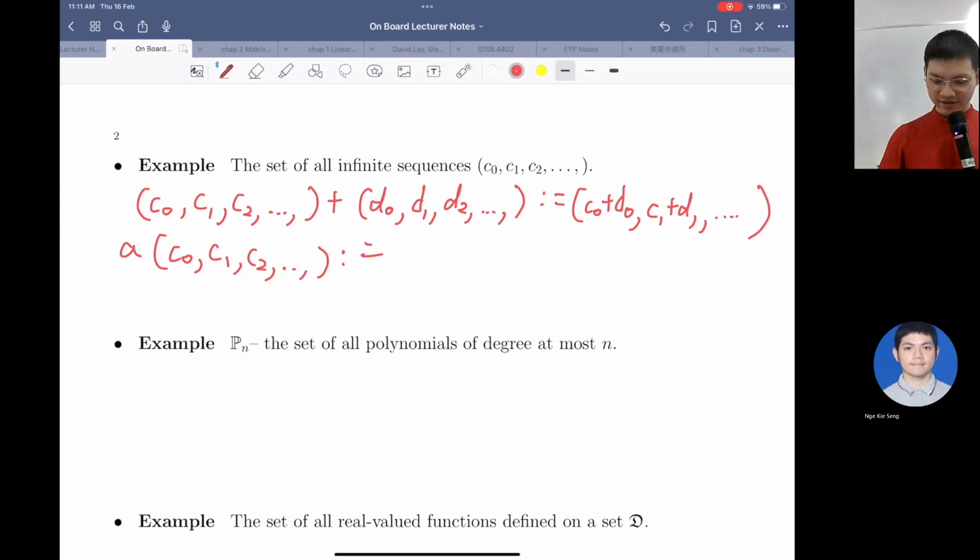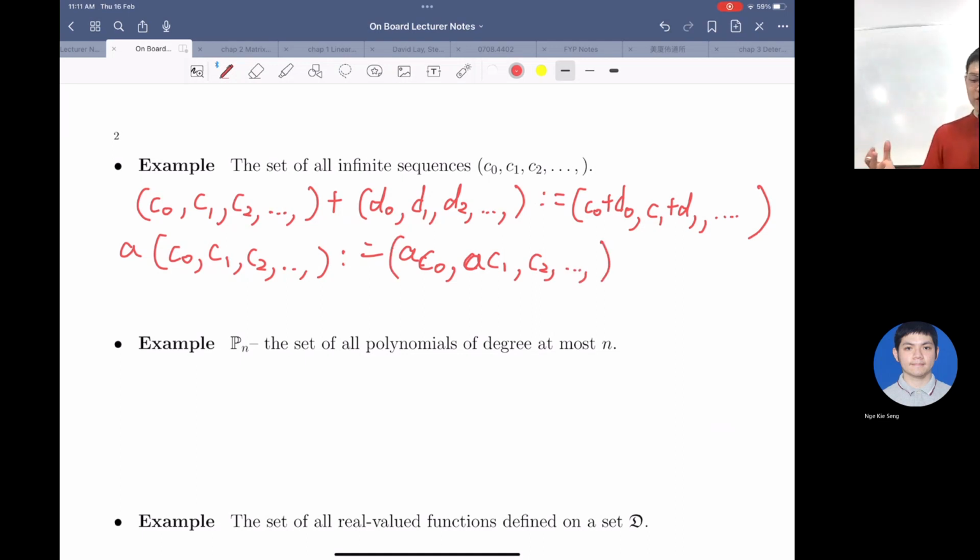Also like vectors: multiply c to everything. In fact, you can see that this infinite sequence is like an infinite dimensional R, like R infinity. Because you cannot list all of them, you write dot dot dot.